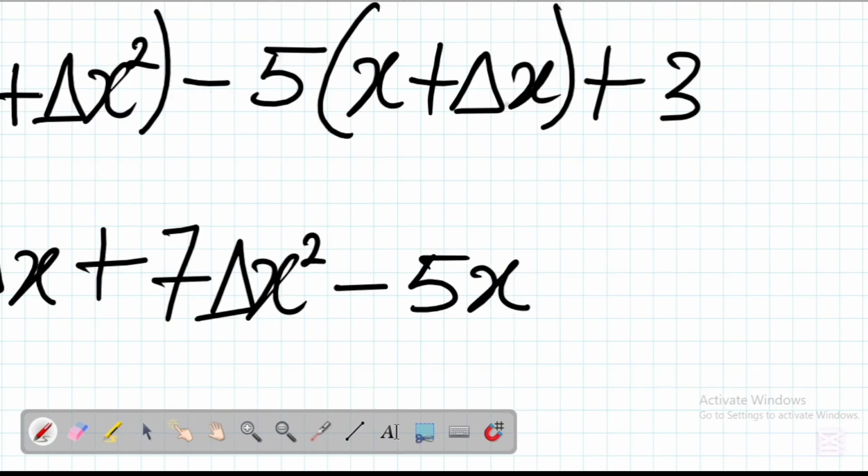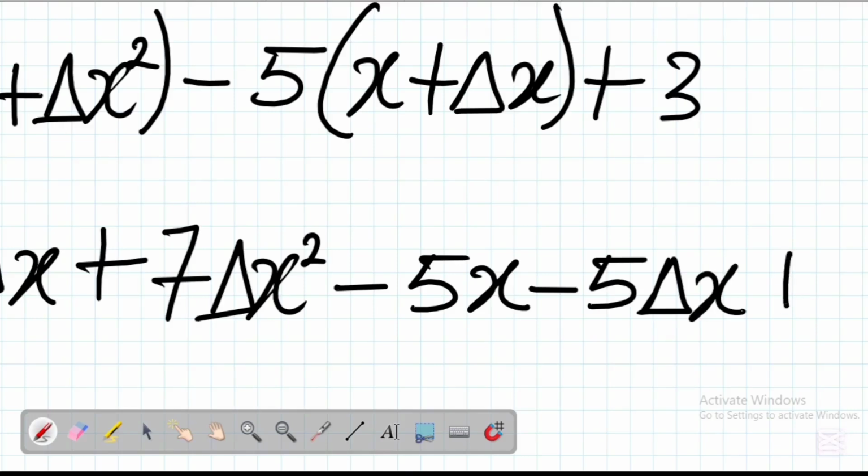Negative 5 multiplied by positive change in x gives us negative 5 change in x, and then plus 3.